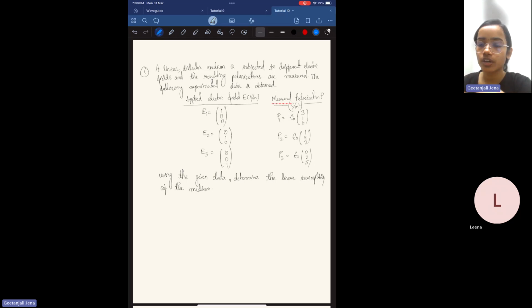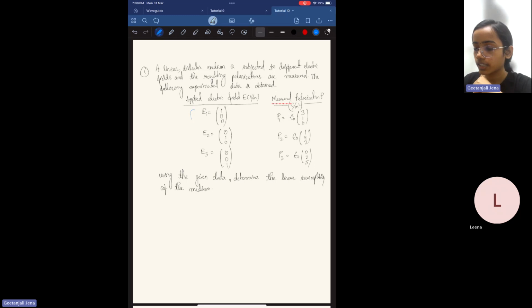So we have a dielectric medium, and we are exposing it not only to one electric field but to different electric fields, and we know the effect on the polarization. These are already given.